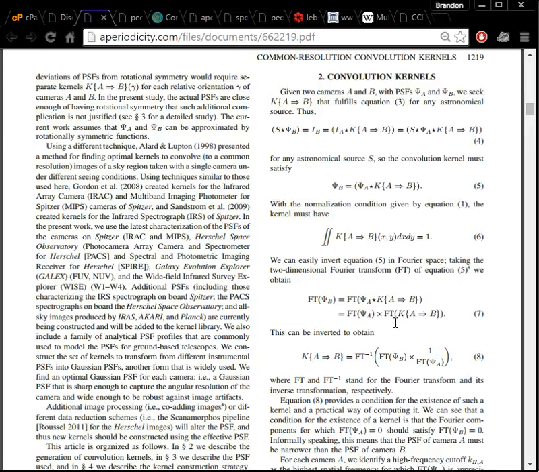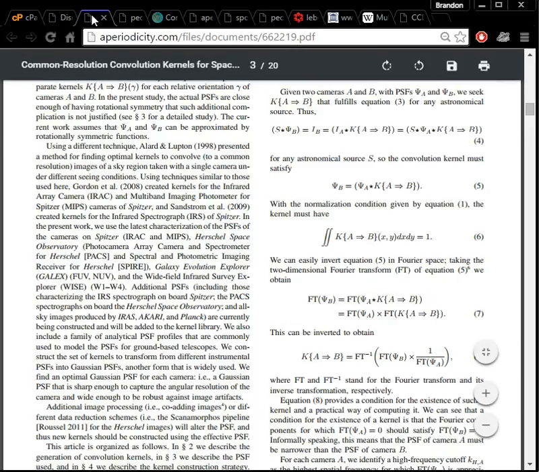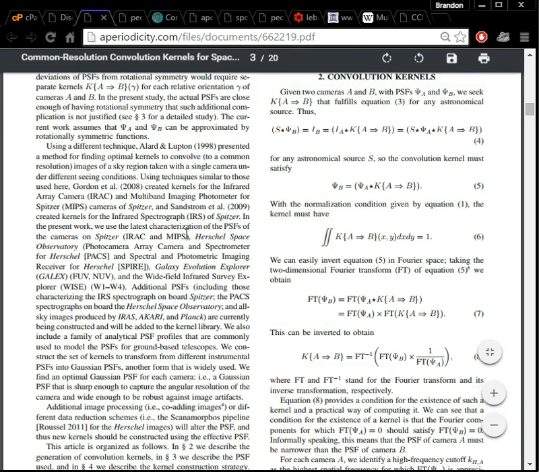So the Fourier transform of a convolution has the same properties as a Laplace transform of a convolution, which is really interesting.